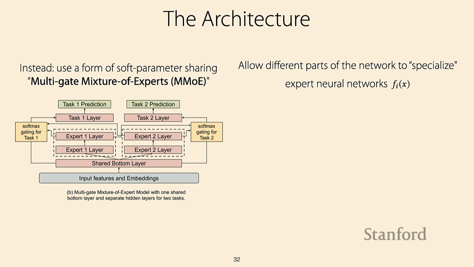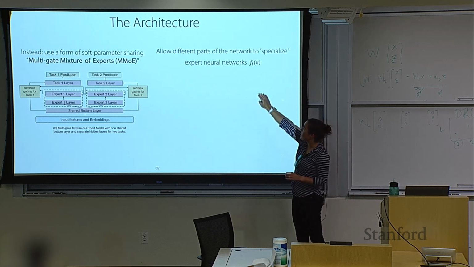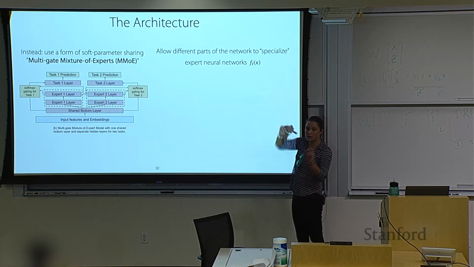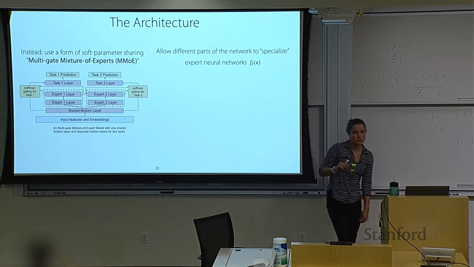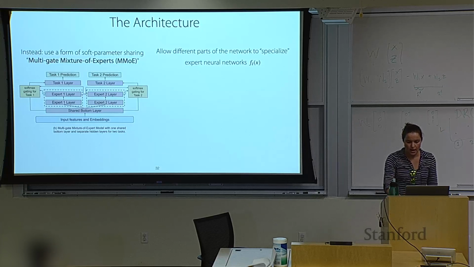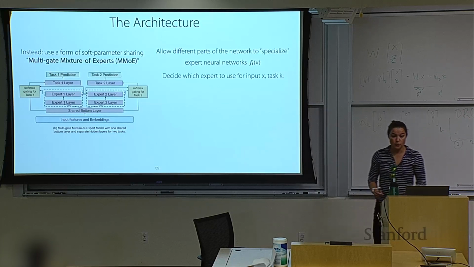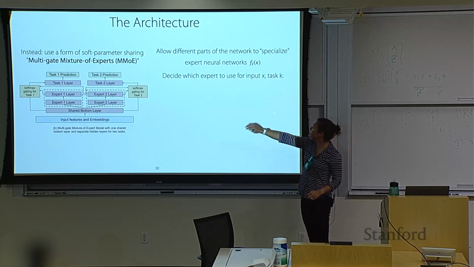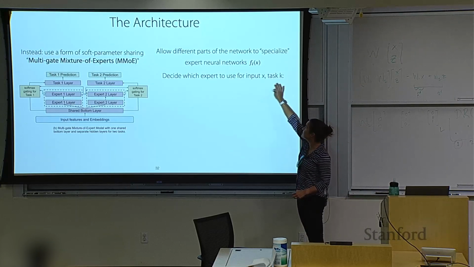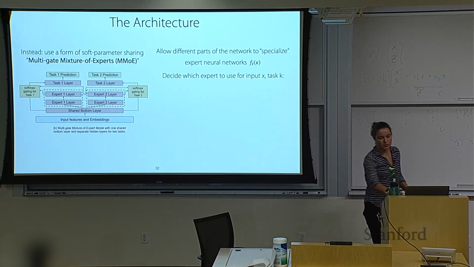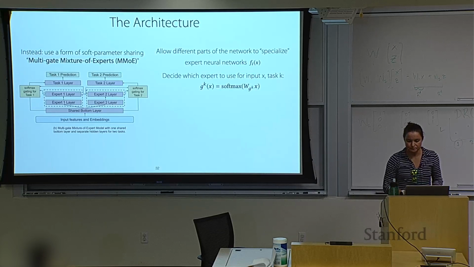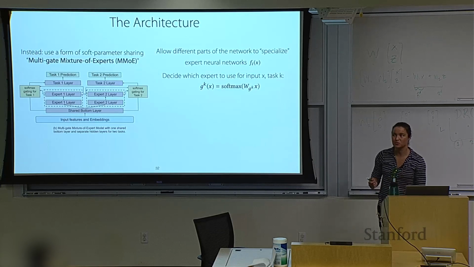Specifically, after the shared bottom layer, you have a set of expert neural networks. These are different modules denoted by i. For a given set of input features X and task k, we try to predict which expert we want to use for that input and that task.